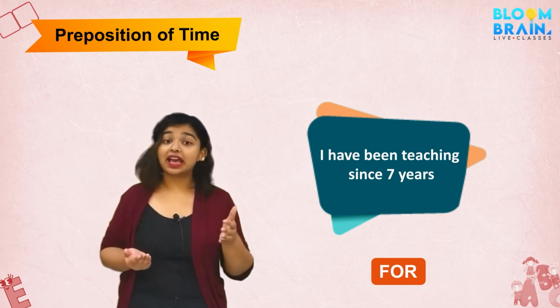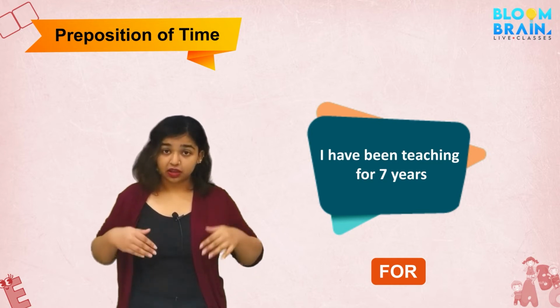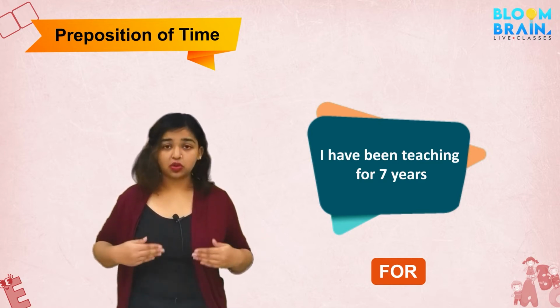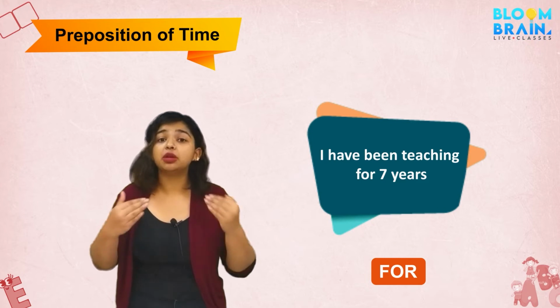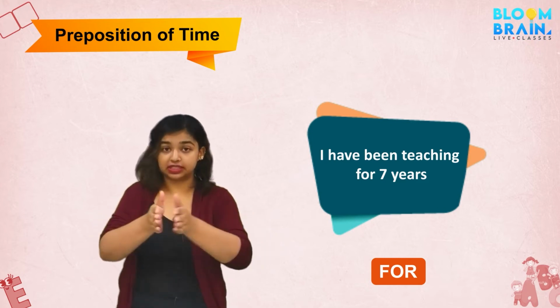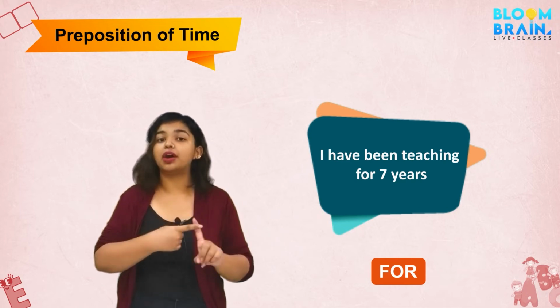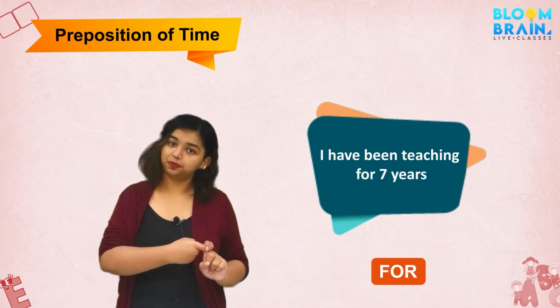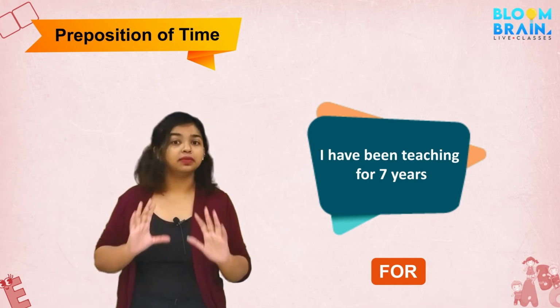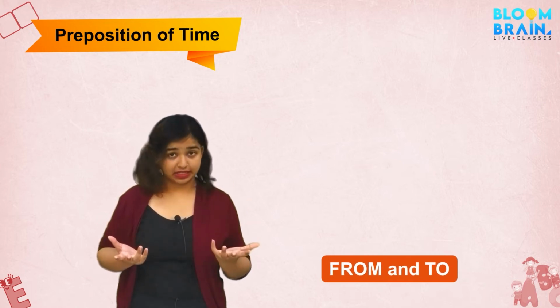But when I say I have been teaching for 7 years, that means I am 21 right now, so I started my teaching profession 7 years ago. So it has been 7 years, it's a duration. So for is used only when we have a duration to express.